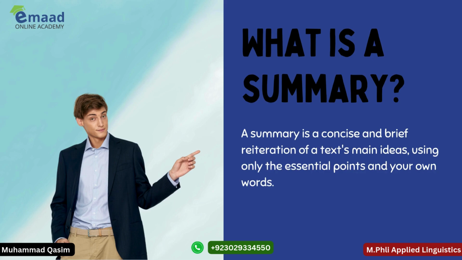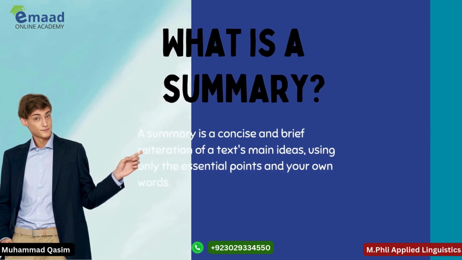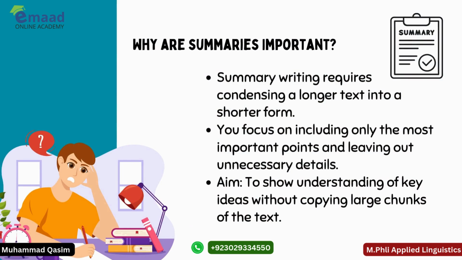Rather, it's more to the point. There will be some particular points in the question statement, and you will be finding those points in the text, and then you will be using your own words to put them into a continuous writing summary.